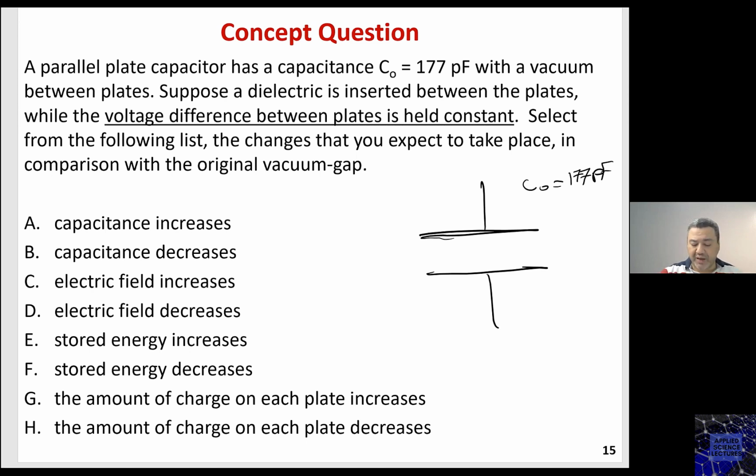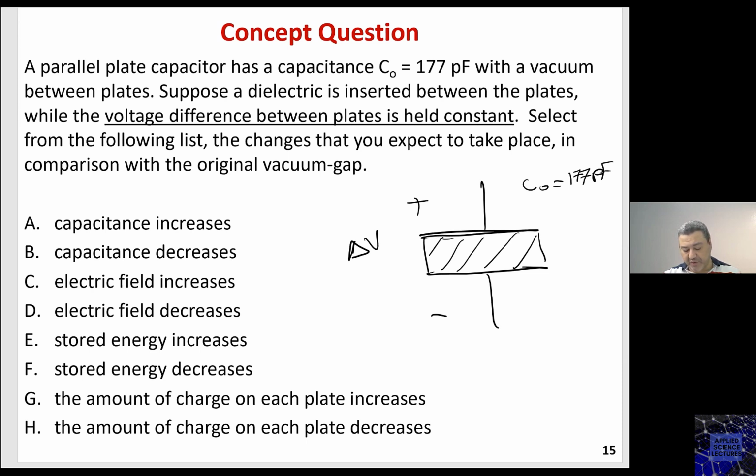Suppose a dielectric now is inserted between the plates, while the potential difference, the voltage difference between the plates, is held constant. So the voltage difference here did not change before and after. Select from the following list the changes that you expect to take place in comparison with the original vacuum gap.